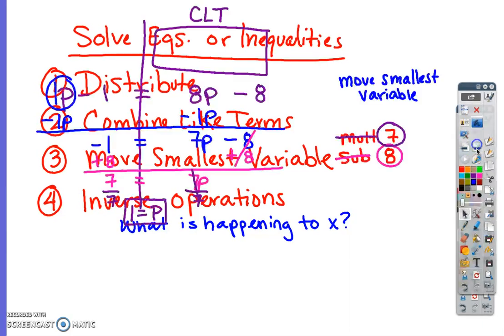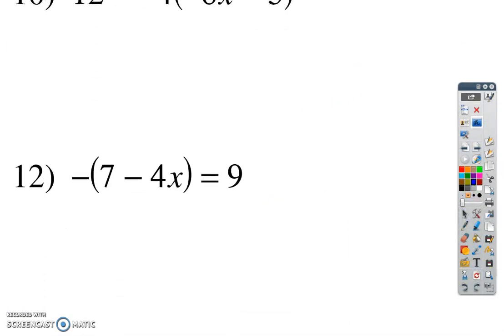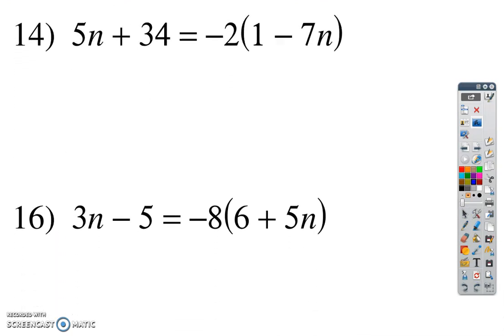Okay, so let's go look at problem number 14. So if I follow the steps that I just wrote down, what is the first thing I need to do with this problem? Distribute. So you're going to take that -2, and you're going to distribute it here and here. That means multiply.